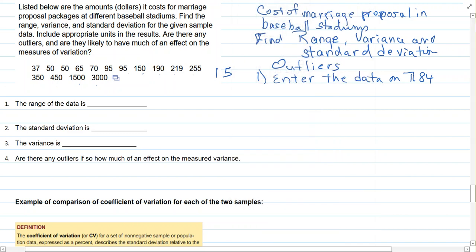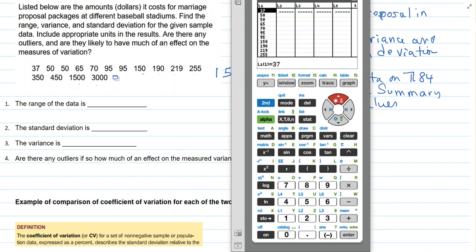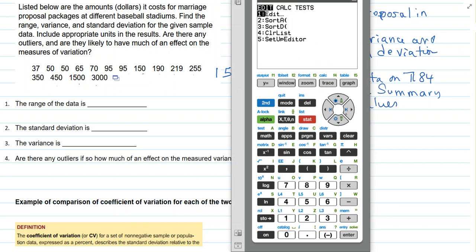So now that I've done that, our second step is to calculate a 5-number summary to find some values. So at this juncture, I double checked my data, stat, calc, one variable, enter, enter, enter, and I get some values.